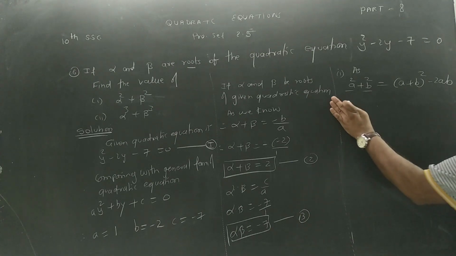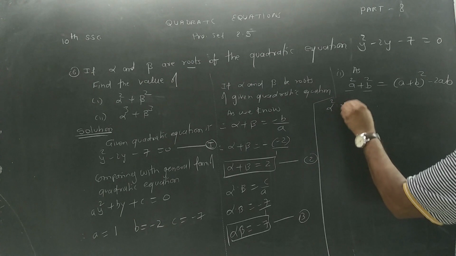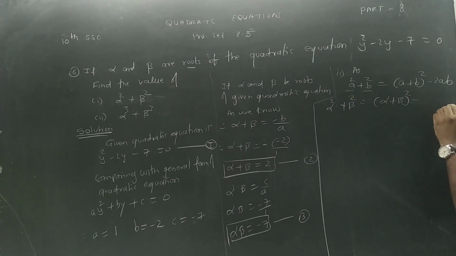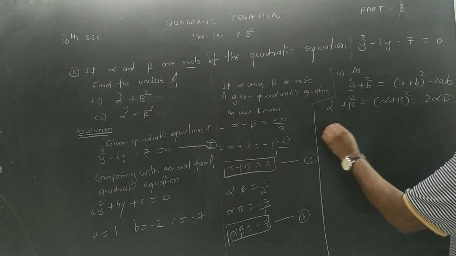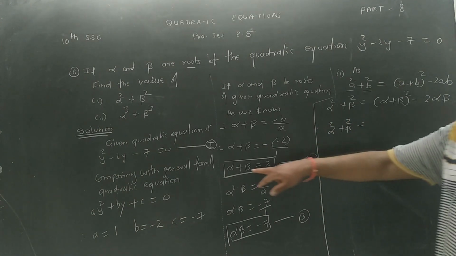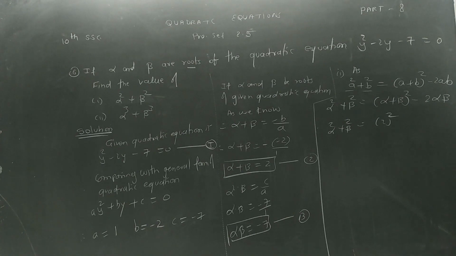So what we got now? We got the answer as what? Alpha square plus beta square is equal to alpha plus beta the whole square minus 2 alpha beta. So therefore what I'll get? Alpha square plus beta square is equal to alpha plus beta, which is nothing but 2, so I am going to write 2 square, minus 2 into minus 7.